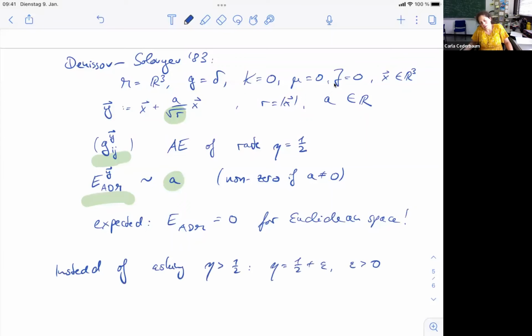This seems like a little bit of overkill, but the reason why this is useful is because then the epsilon measures how much it's faster than 1/2, and that's really one of the things one needs later. So if you open a paper, you will see this 1/2 plus epsilon there instead of the eta, usually. Okay, but now you hopefully understand why. Otherwise, the notion of energy doesn't seem to make sense.